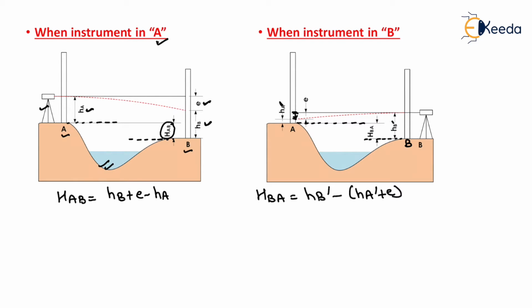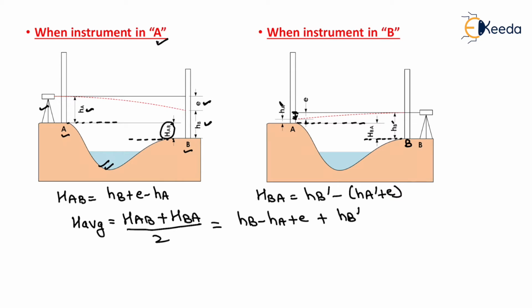For the removal of this error E, we need to take the average differential level. So H average will be equal to HAB plus HBA by 2. On putting in all these values, we get HB minus HA plus E plus HB dash minus HA dash minus E, divided by 2.